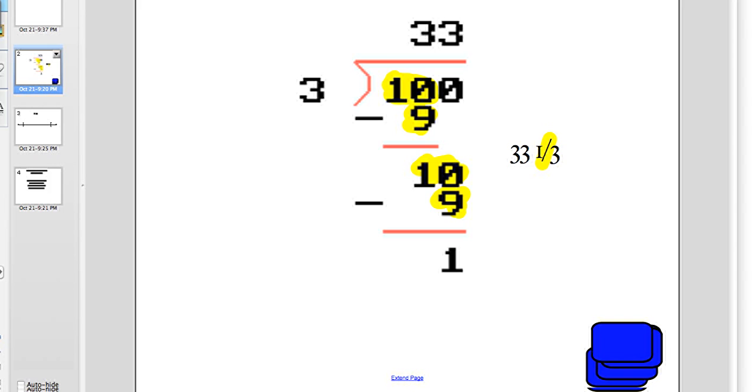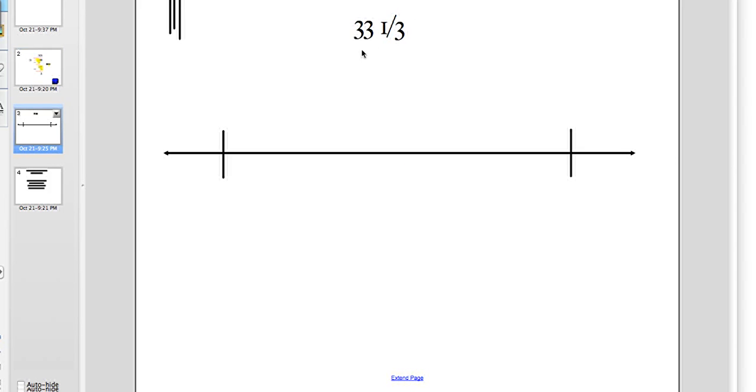Okay? Alright, now I want you to take it a step further and figure out where 33 and 1/3 would go on the number line. So first off, what 2 whole numbers would 33 and 1/3 be in between? Think about it. Pause the video. Try and figure that out yourself, because I'm going to start.